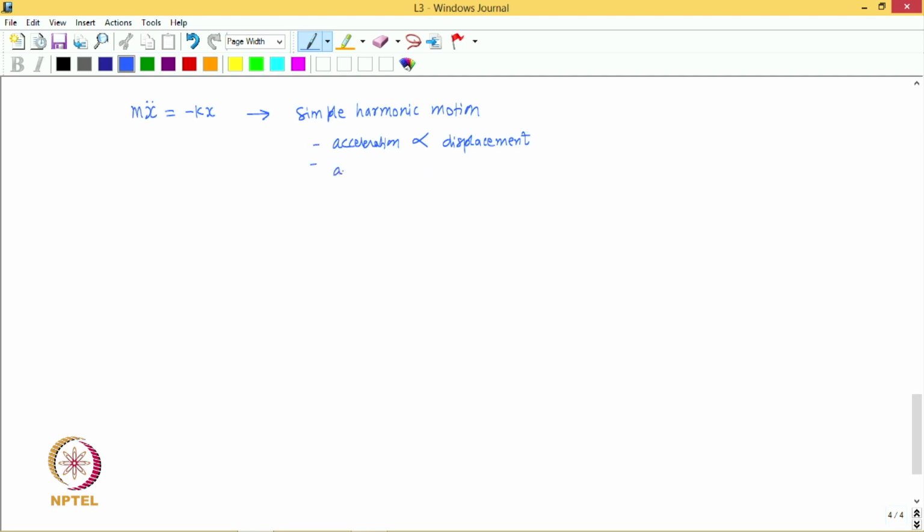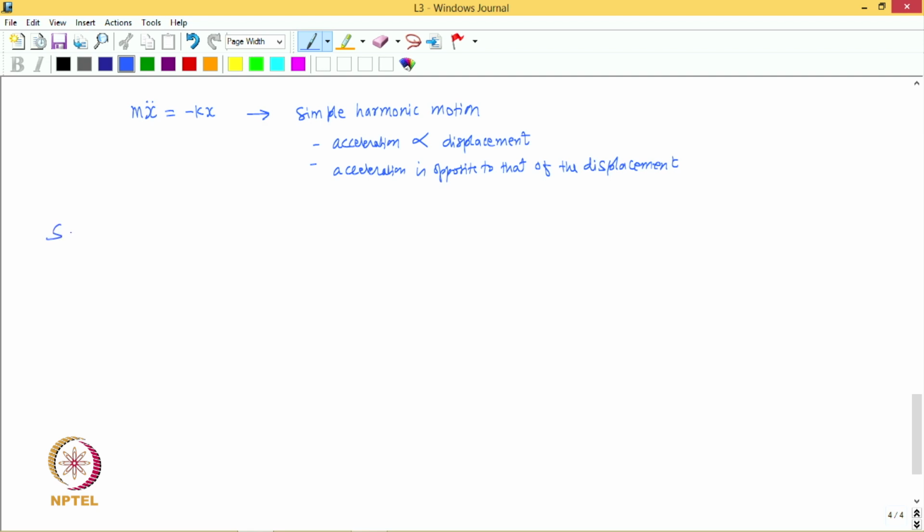Acceleration is opposite to that of the displacement. Therefore, the free vibration motion of this system is nothing but a simple harmonic motion, because these two conditions are satisfied: the acceleration is proportional to displacement and is negative of x.